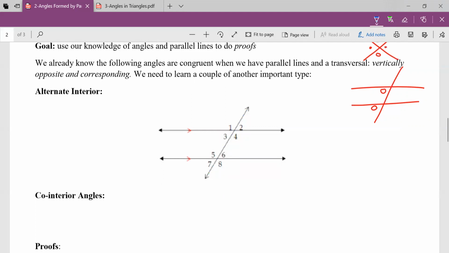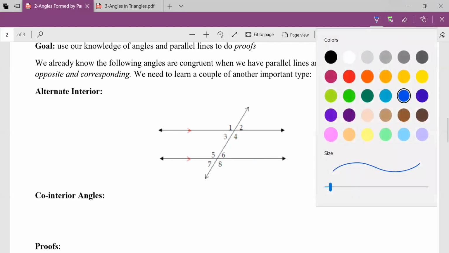But when I'm looking for an alternate interior, what I want you to look for is your Z shape. I draw my Z, and on the inside of my Z are the 3 and the 6. That's one way I'm going to think of alternate interior. But my Z doesn't have to be drawn properly.